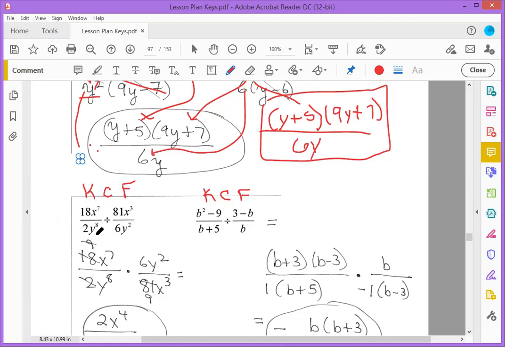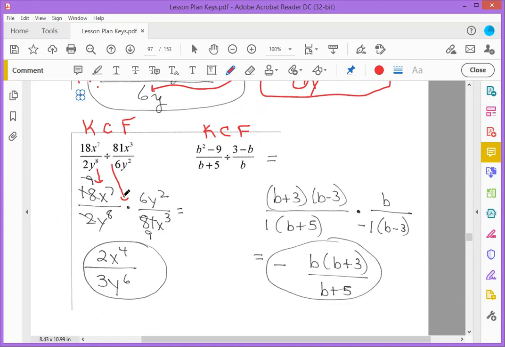So we're going to keep this first fraction the same. That 18x to the 7th power divided by 2y to the 8th power. We'll change the operation from division to multiplication, and then we're going to flip that second fraction. The numerator moves to the denominator, and the denominator moves to the numerator.